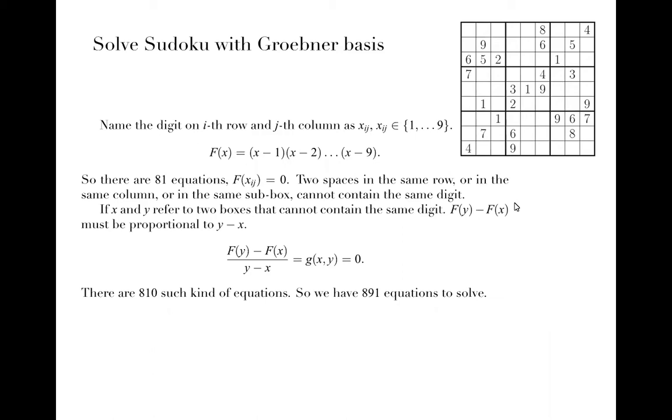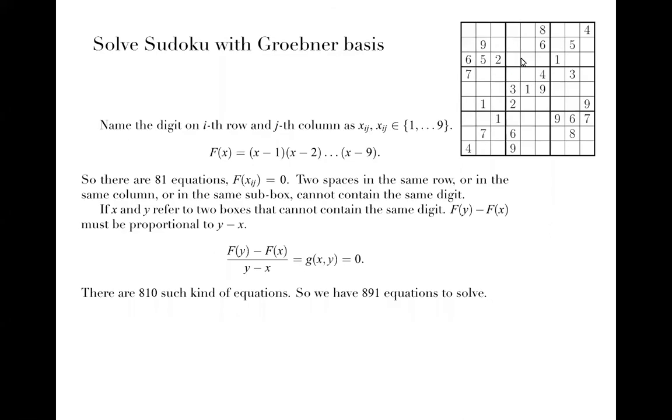It could be 11, it could be 13, whatever number you like. If you work with rational numbers or integers, Groebner basis computation gets slower and slower, but with a finite field it's possible to finish. And here you only have 9 choices. It doesn't matter whether you use rational numbers or a finite field; they are equivalent.